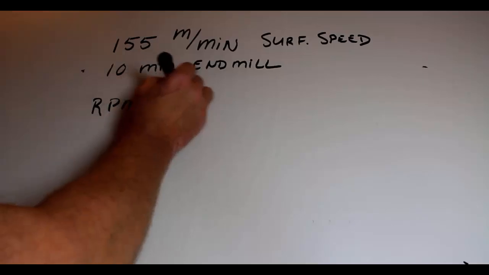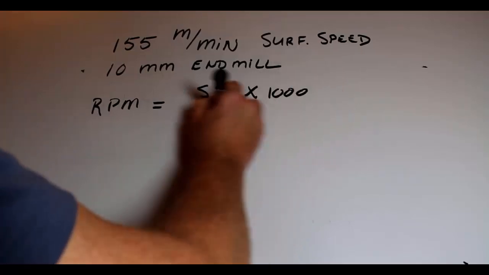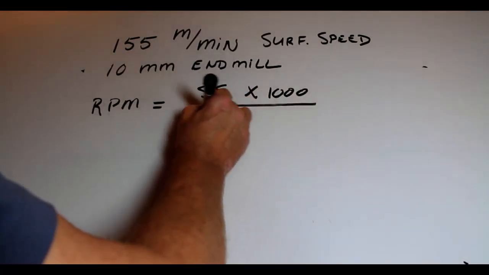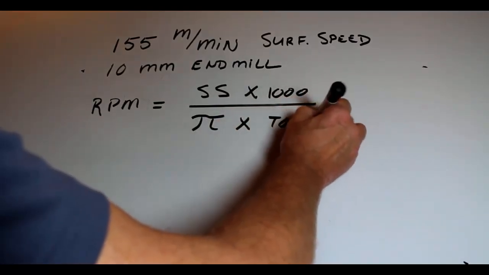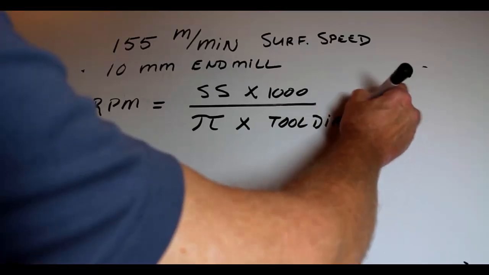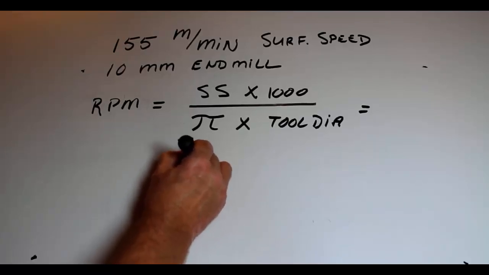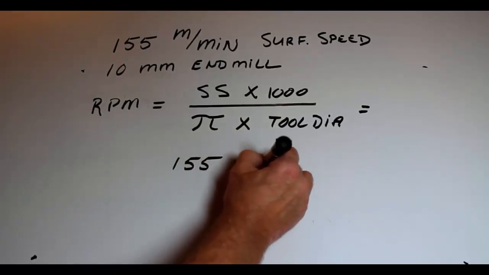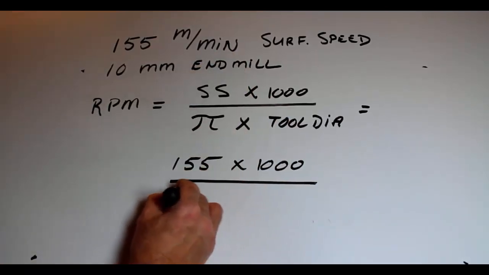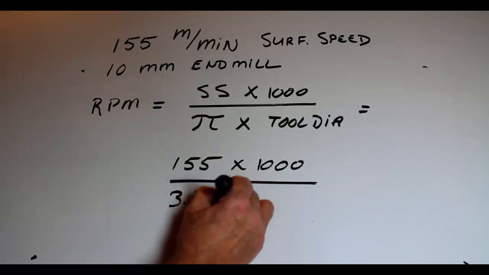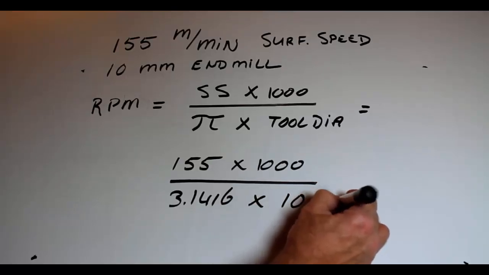RPM equals the surface speed times 1000, divided by pi times the tool diameter. If we fill in all the blanks, we're going to use 155 meters per minute times 1000, divided by pi, and pi is 3.1416, multiplied by our 10 millimeter end mill.